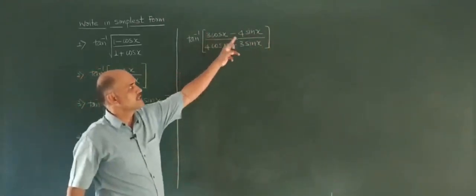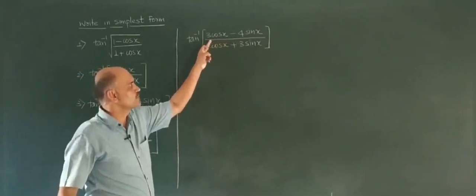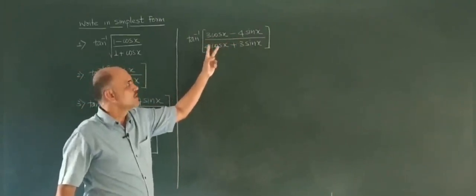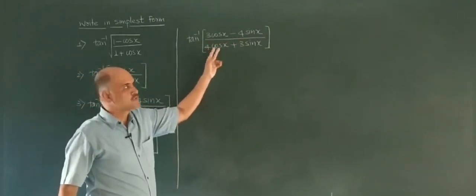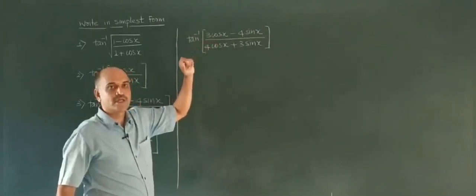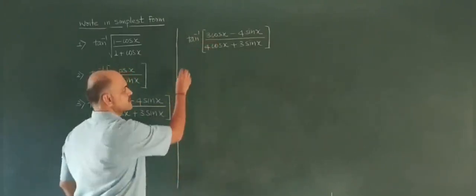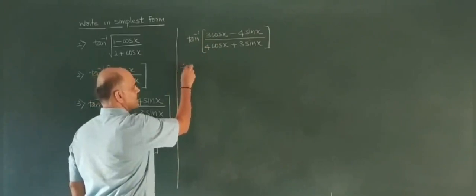In the last problem I told you, if you get it in this form, here you should have 1. So to make this 1, you should divide the numerator and denominator by 4 cos x.